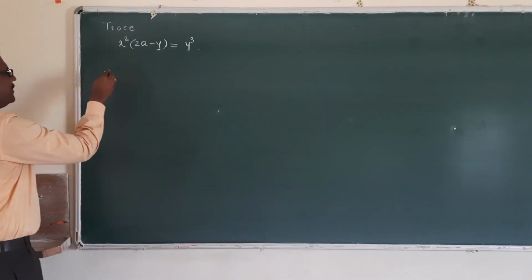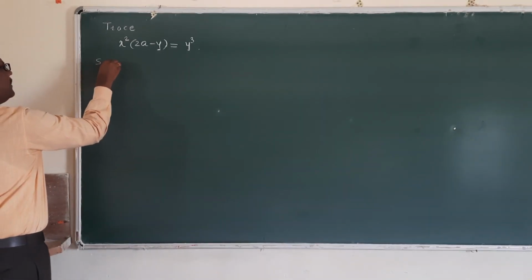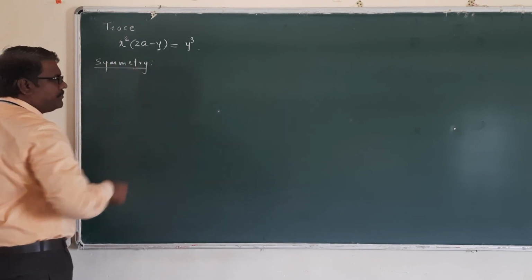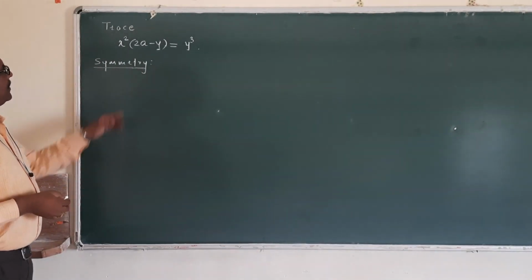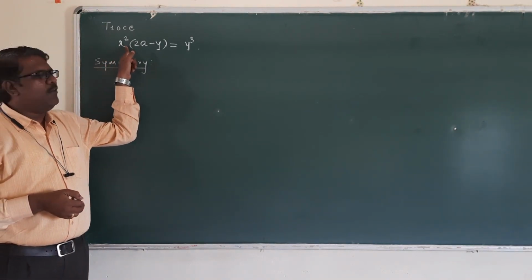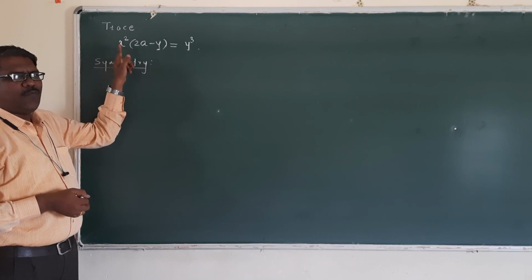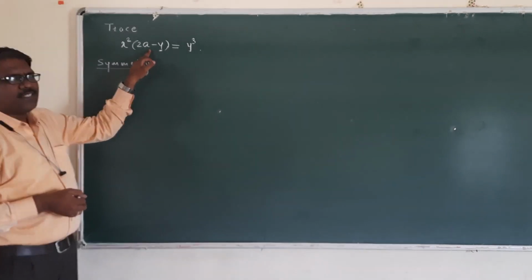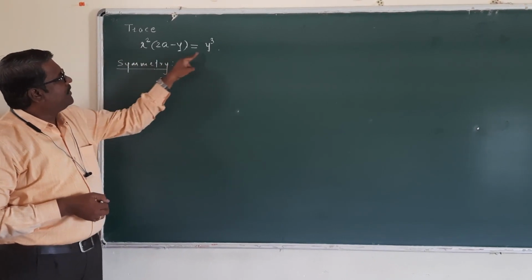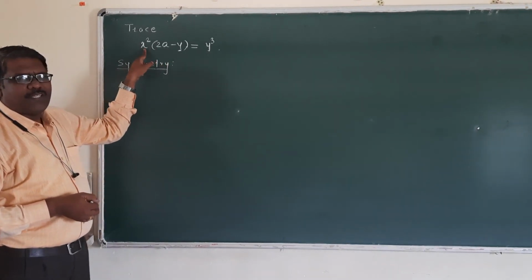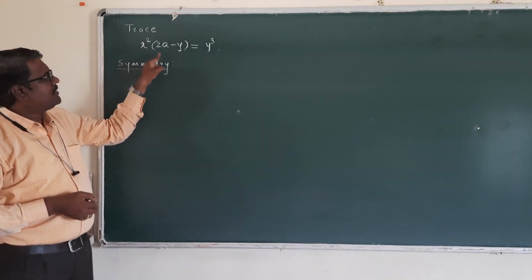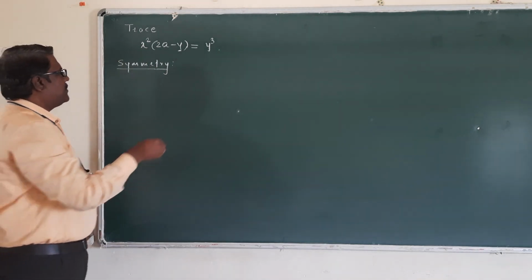So the first point is symmetry. As the given equation contains only one power of x, and that power is even, this curve is symmetric about y-axis, because in this equation only at one place x square is there, and as the power is even, this curve is symmetric about y-axis.